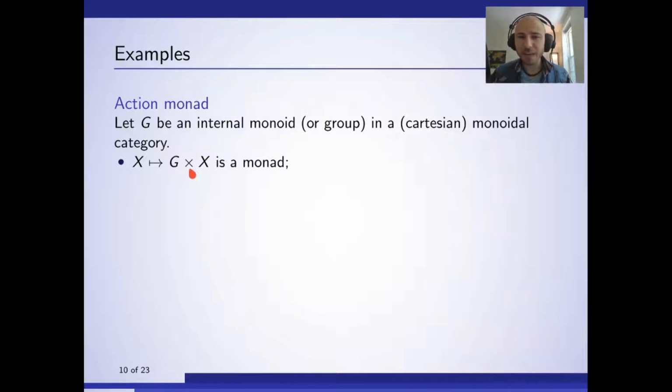This is sometimes called the action monad, or in computer science this is called the writer monad, where this is a monoid usually given by some strings that can concatenate. If you're not familiar with this construction, you can look on the nLab. There's an article that explains this in pretty accessible terms, I would say. So now the algebras are the G-spaces, or spaces that have an action of this group or monoid.